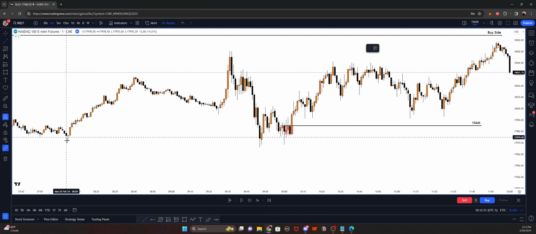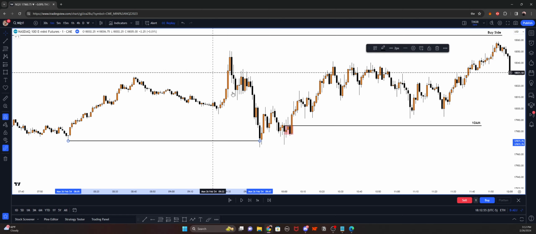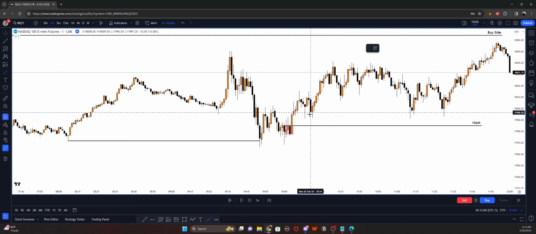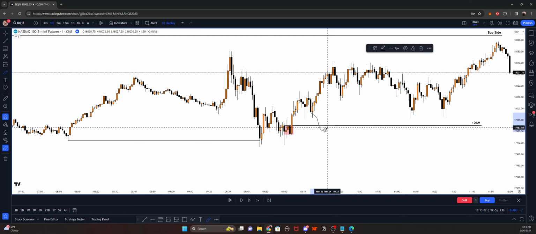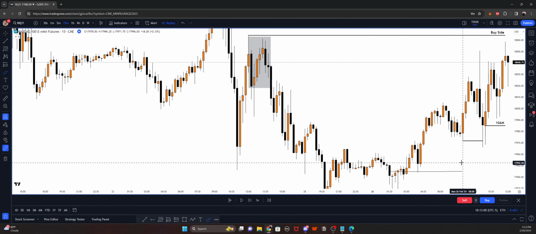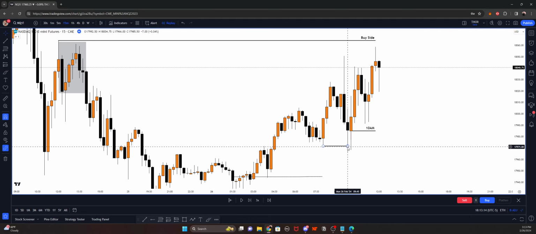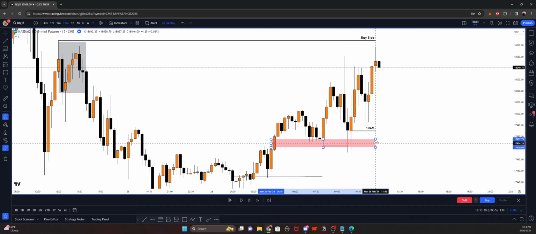We have a south side here. The manipulation in the bigger picture has already been completed. So you don't necessarily have to have a fair value gap below the open here as a silver bullet to go long. 'Cause on the 15-minute, you'll see it better. So on the 15-minute, what happens is this low is getting raided into a PD array here, fair value gap, right?